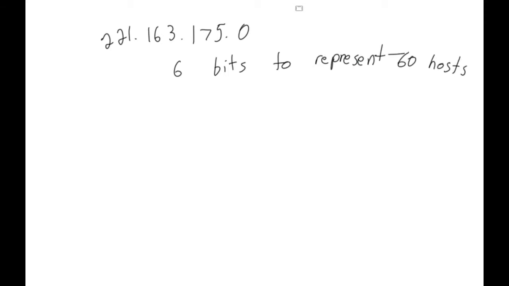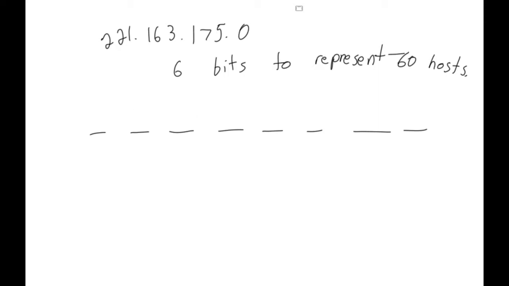So if I need 6 bits for that, how many bits do I have remaining? I have 2. So if I need 6 bits, oh, I actually messed up the order in that last example. I'll redraw it here. 1, 2, 3, 4, 5, 6, 7, 8. So actually, I put the line in the wrong place. So I'm sorry about that.